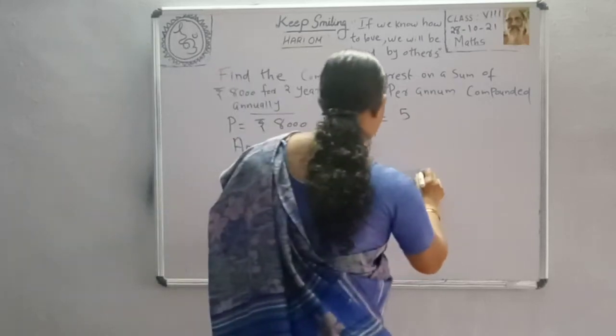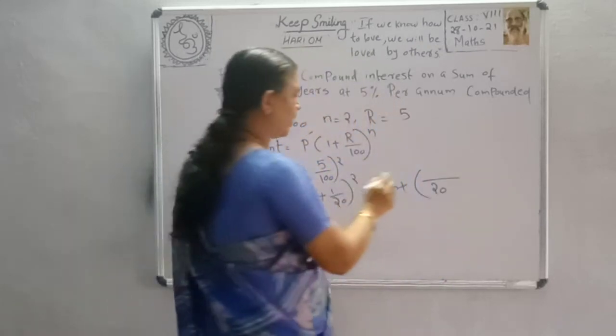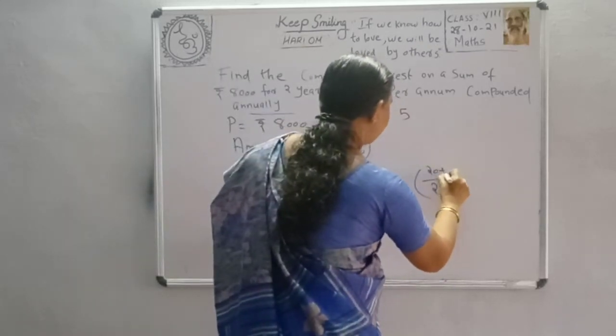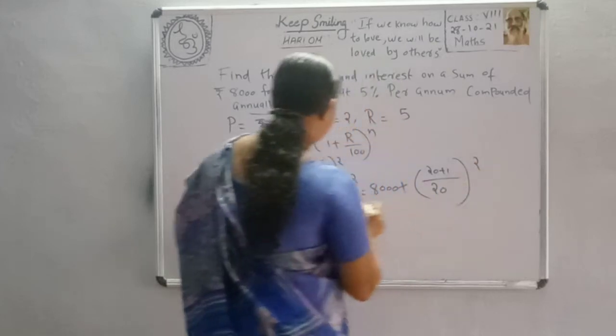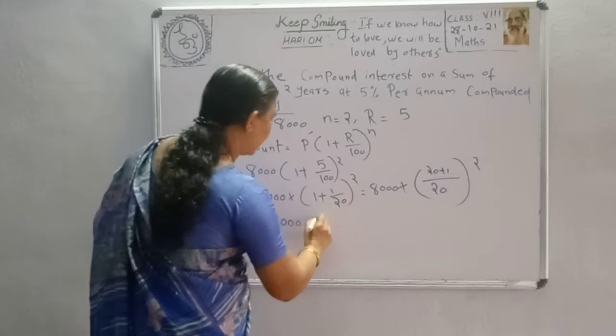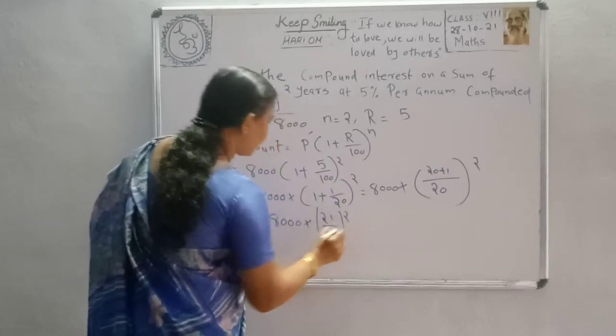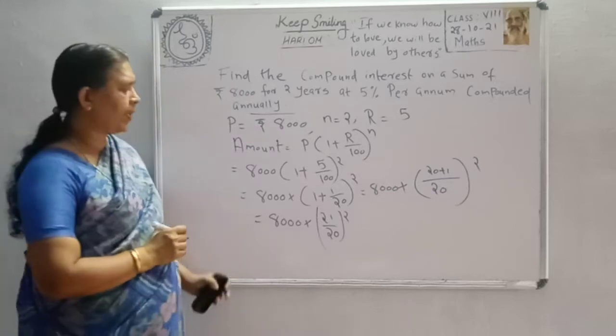LCM is 20, then 20 into 1 is 20, 20 plus 1 the whole square. Or we can write as 8,000 into 21 by 20 the whole square.